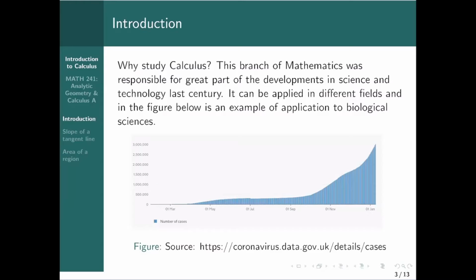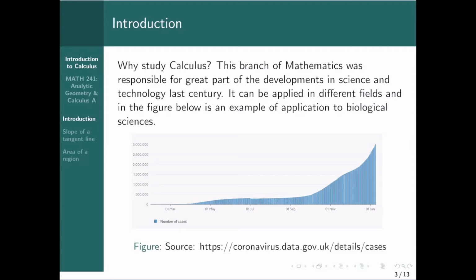As we're going to see, to determine how fast the number of cases of a disease is growing, we usually use exponential functions as a model because this kind of function has a graph that is very, very similar to the one that we see in the picture. Let's say, for example, you were a UK authority looking at this graph in April of last year.